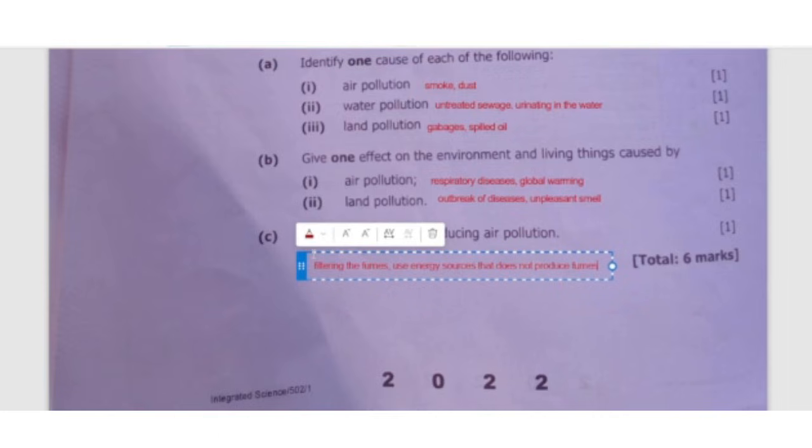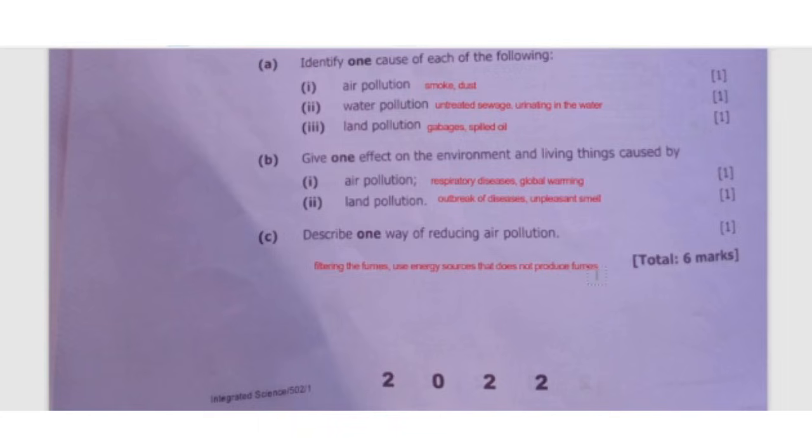So you can pick any of the two. One, filtering fumes; the other one, use energy sources that do not produce fumes. In this way you can eradicate the issue of air pollution. Okay, now we can go to the next question.